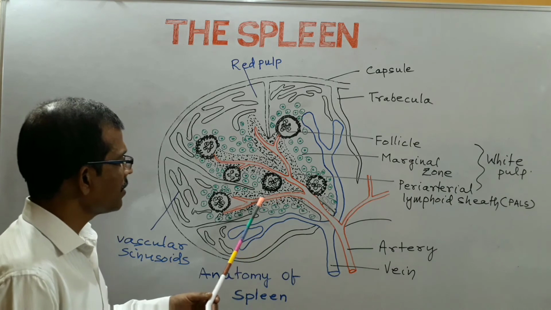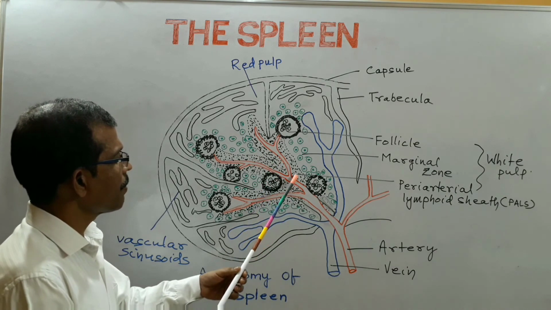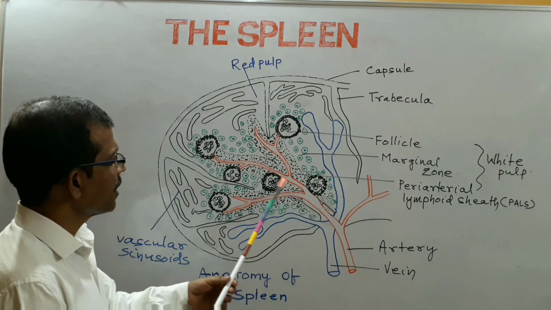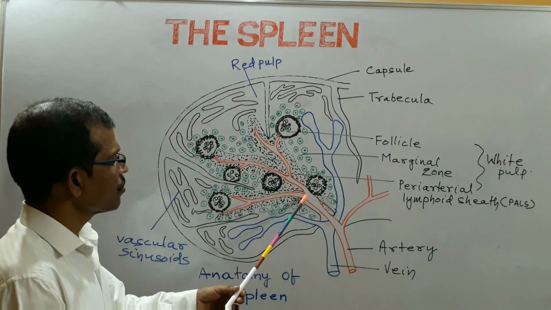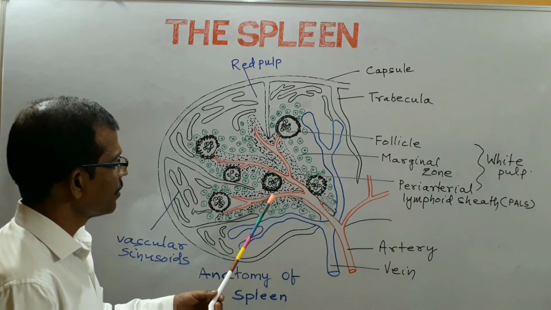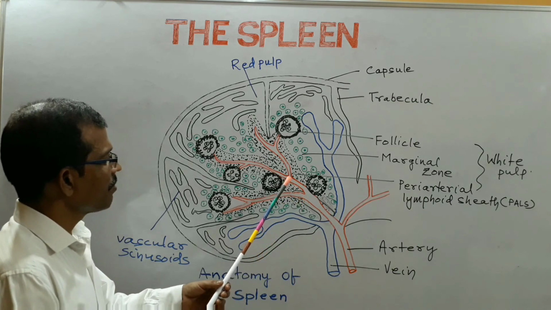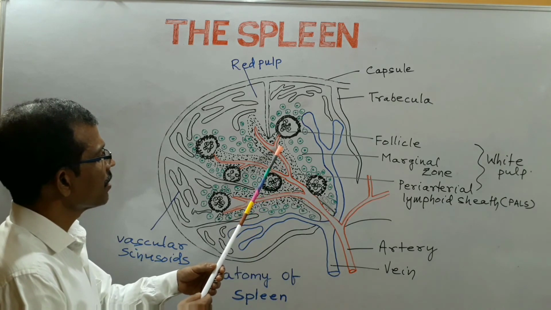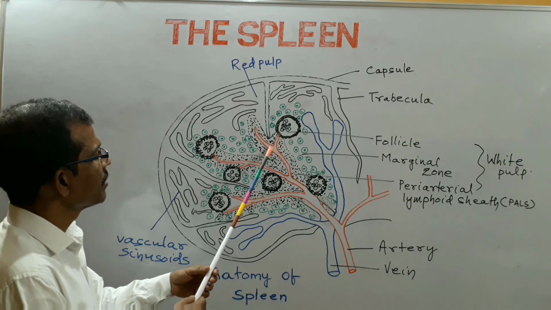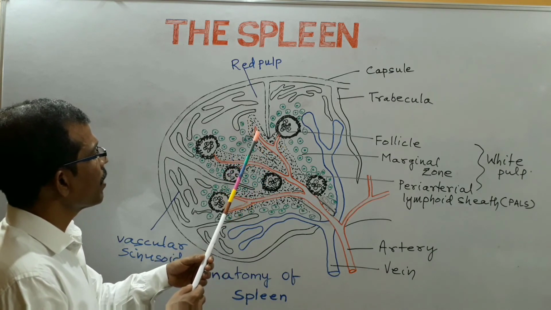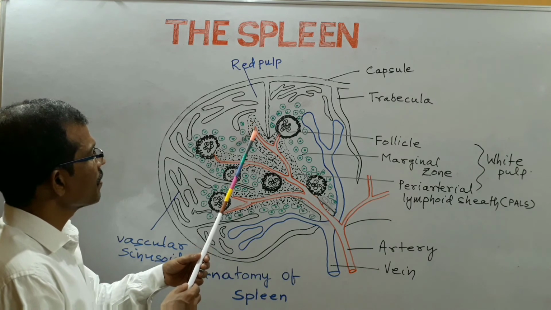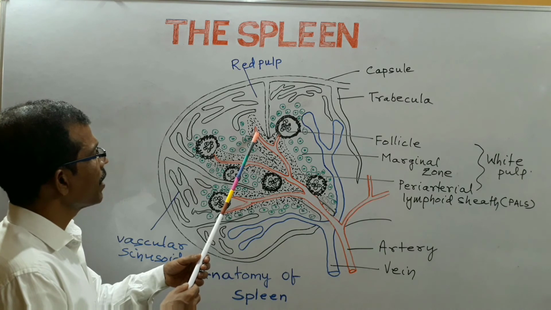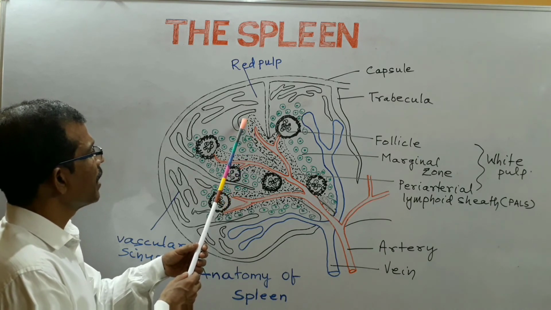In the parenchyma, these arteries are surrounded by periarterial lymphoid sheath, and the artery present in the central region is known as the central artery. The central artery divides and forms many branches which enter the marginal zone. From there, the arteries further move into the red pulp region where they transform into arterial capillaries. From arterial capillaries, blood flows into the splenic cord.